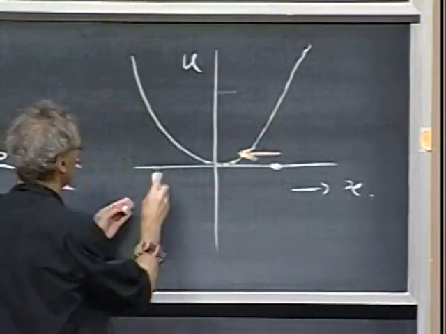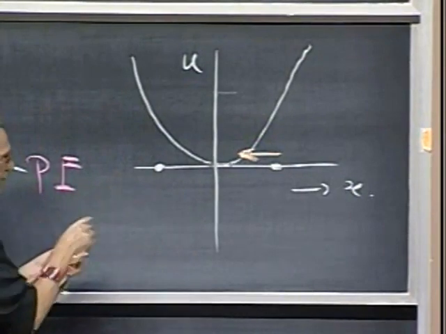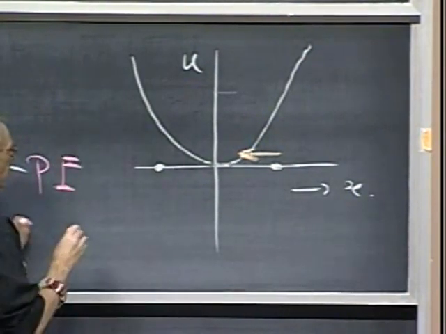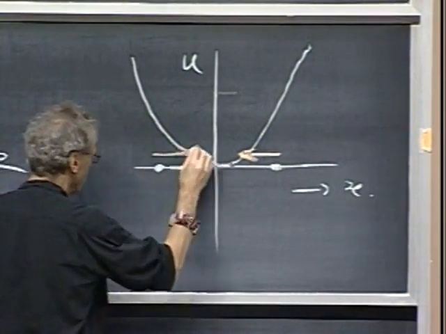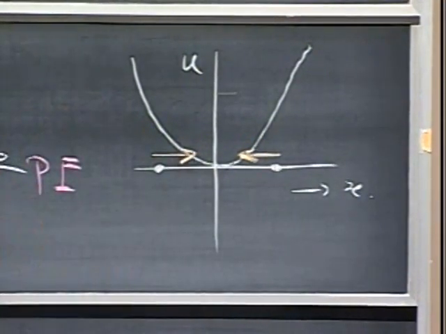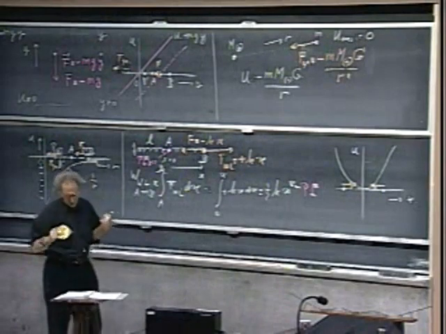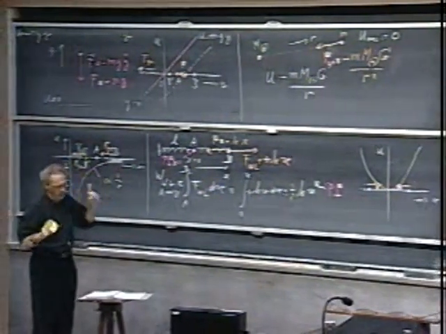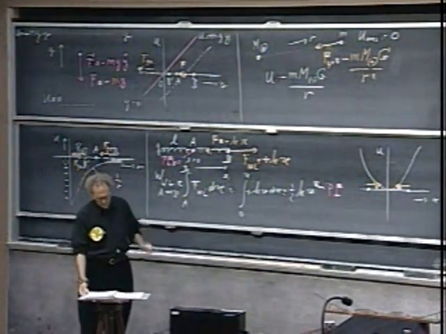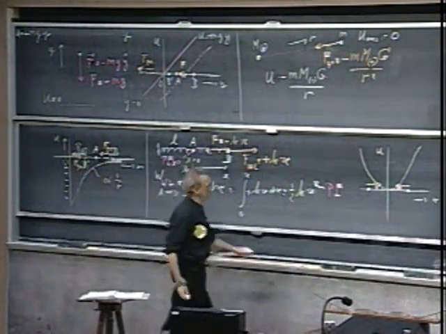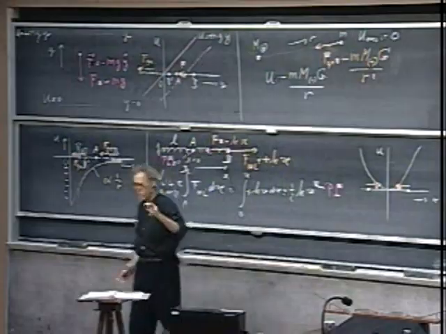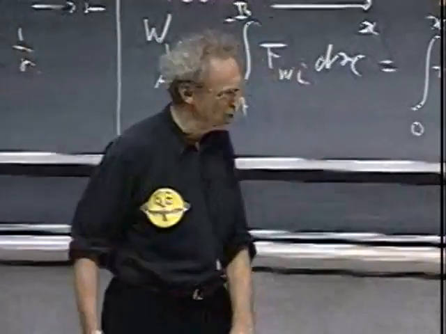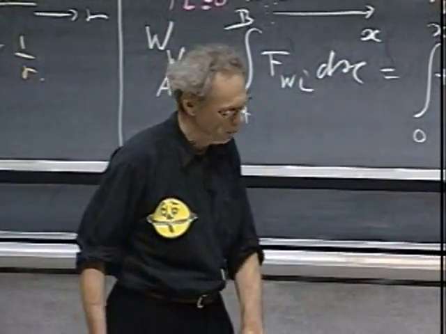Increasing potential energy is in this direction, so the force is in this direction. You see, it's a restoring force. If you release an object here at 0 speed, it will therefore go towards lower potential energy. The force will drive it to lower potential energy.